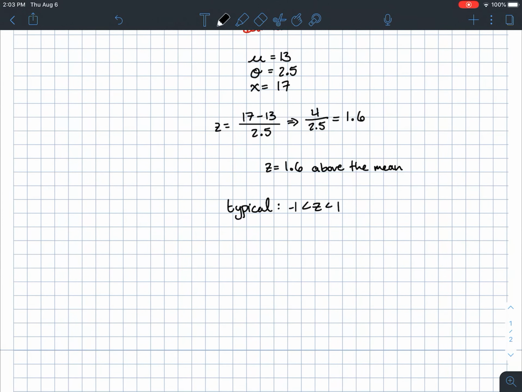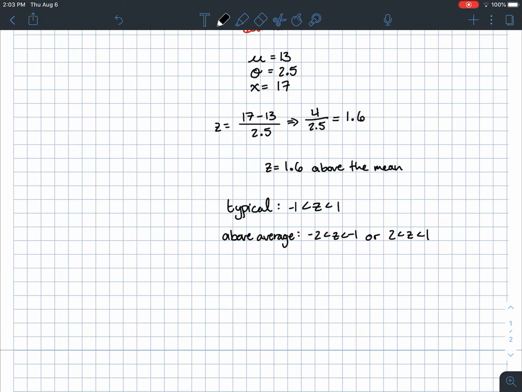A good, or above average, we'll call it that, or again, it could be below average, depending on what we're looking at, is between -2 and -1, or between 2 and 1.